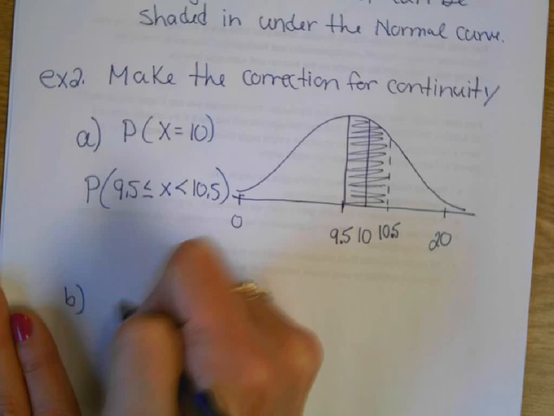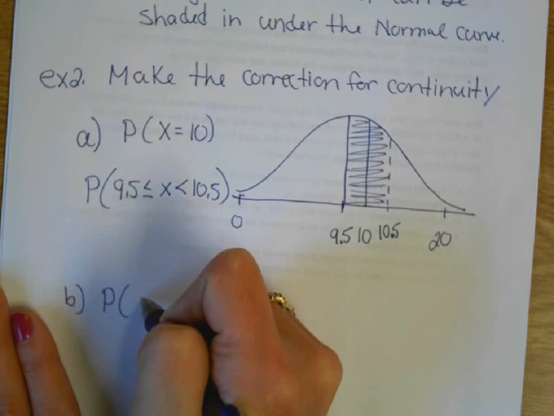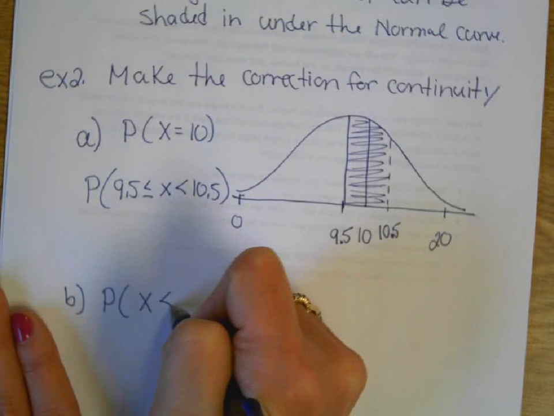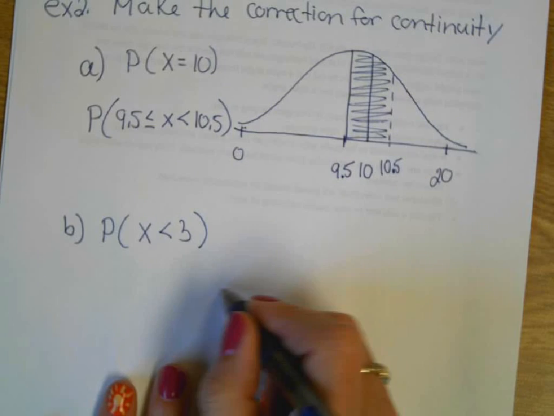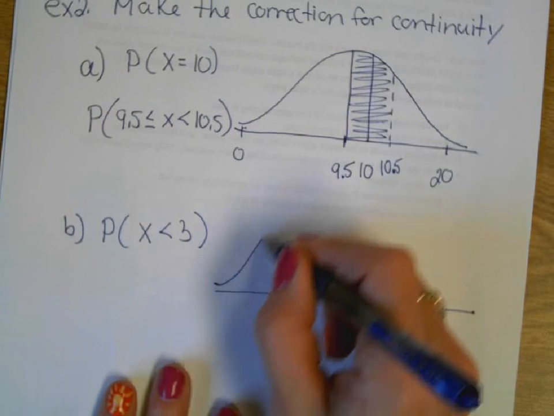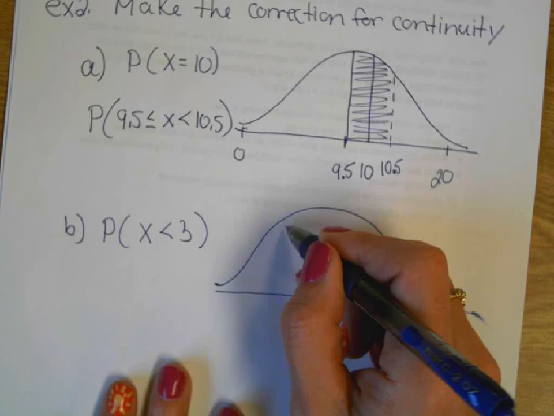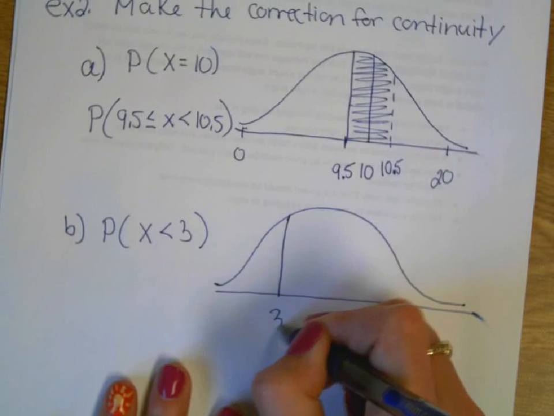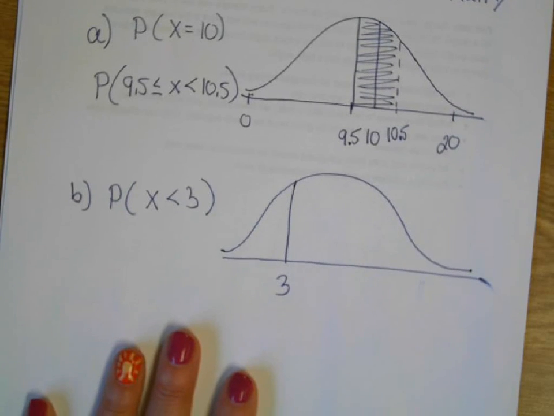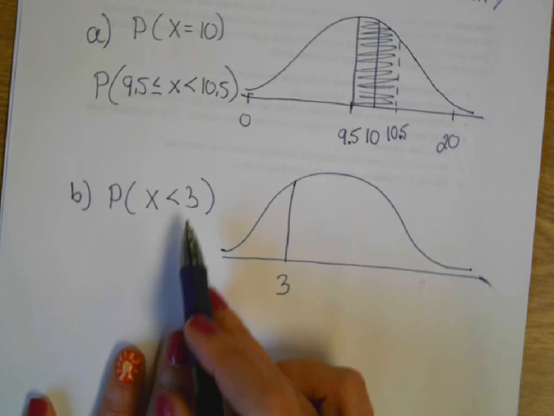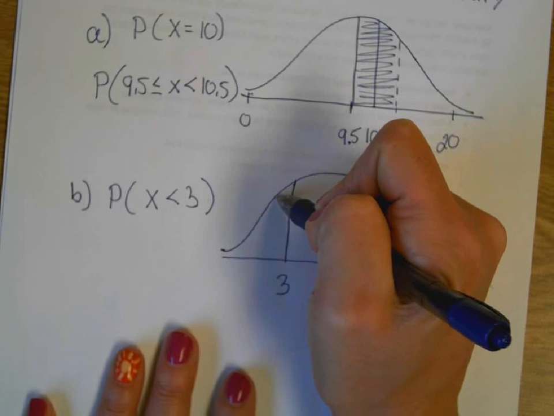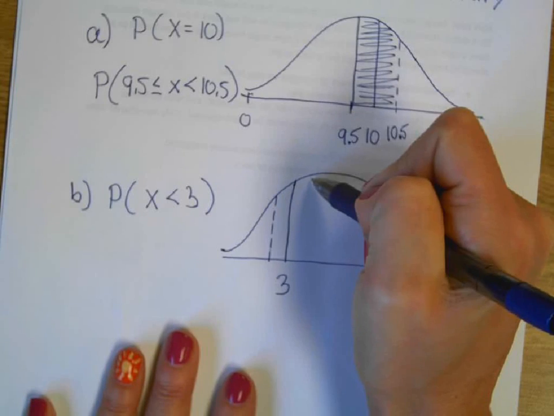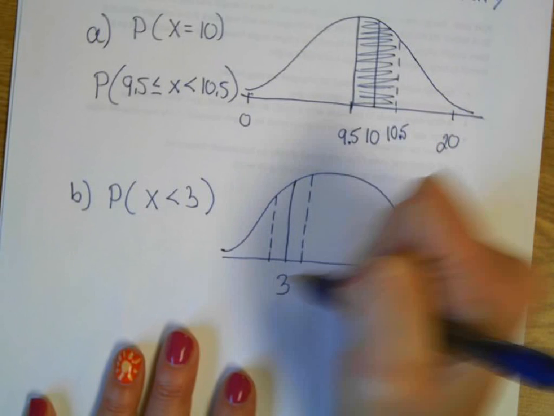Okay, what if my question said, what's the probability that you get less than 3 correct? Well, you need to include all values that would round to 3. That whole number is going to get changed by a half. It's either going to go to 2.5 or up to 3.5. So what I want you to do is put the bar around 3.